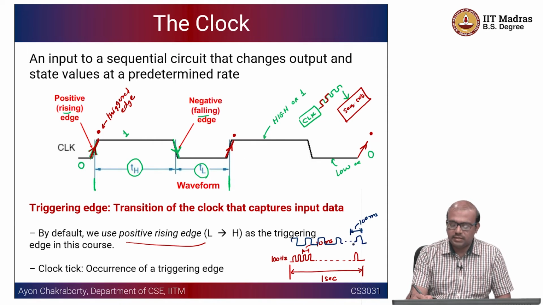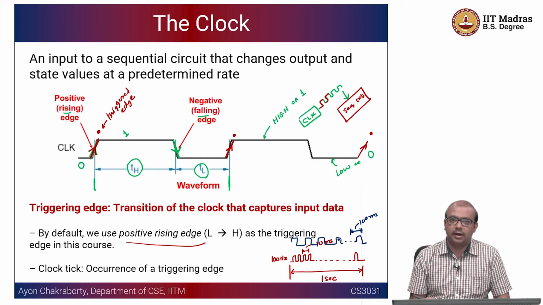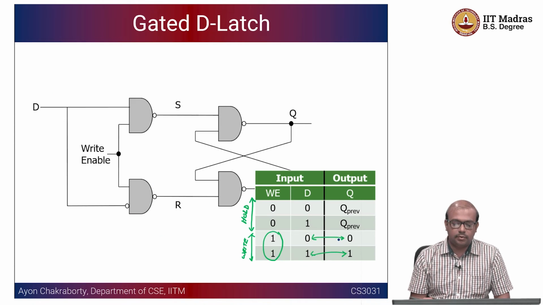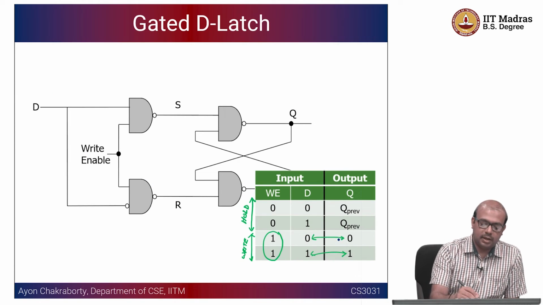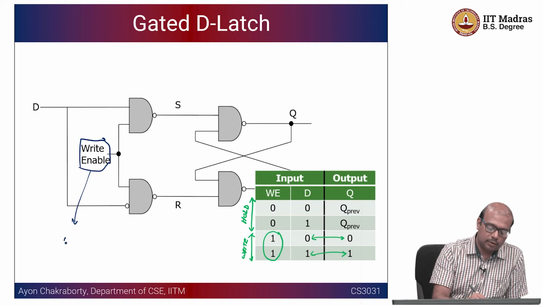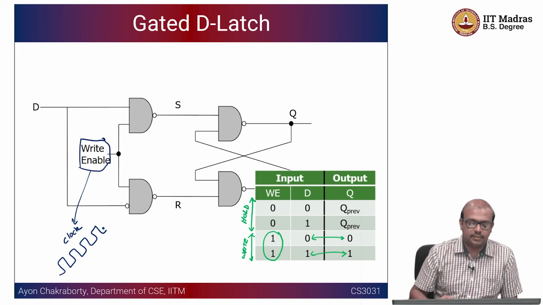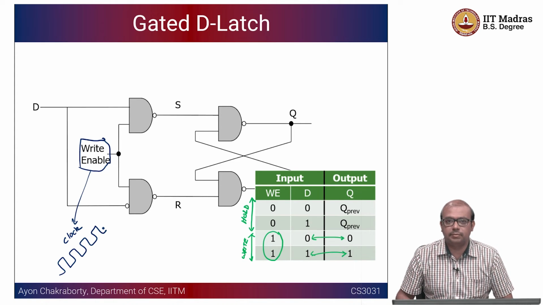You can imagine that the write enable that we had in the gated D-Latch could be used as a clock. That could be the frequency at which we change the value, or write values to the latch. So if I go to this diagram and connect this write enable to a clock, and the clock pulses like this, sometimes the write enable is 0 and sometimes it is 1.